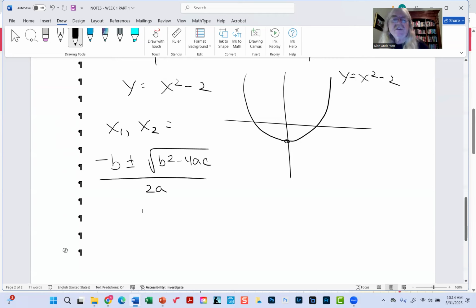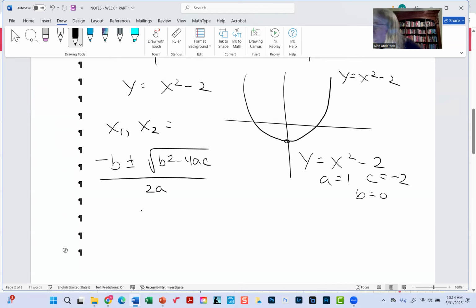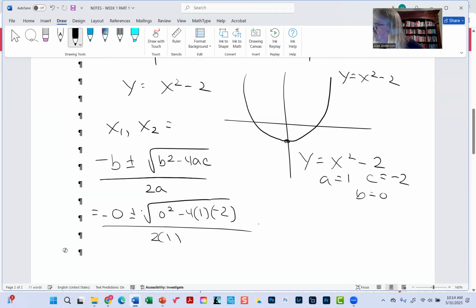And so those are the coefficients, as we've already seen. b is 0 because there's no x term here. So we're going to have... okay, so the 0 drops out, 0 plus 8.